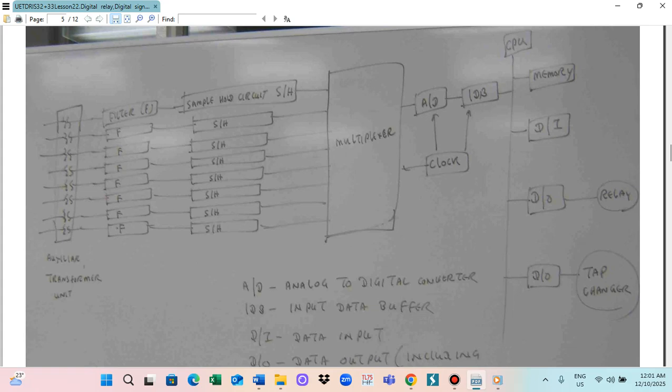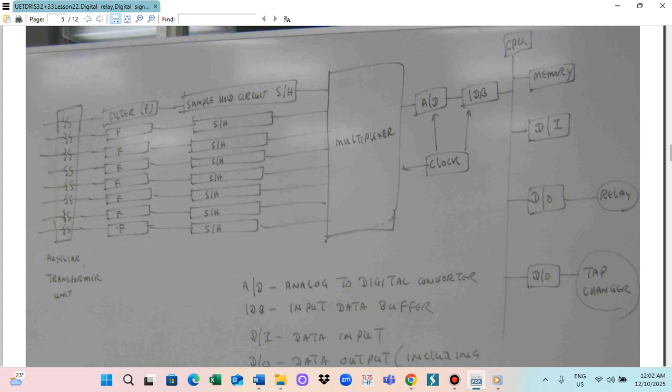Because the signal coming out from the computer is digital, if you want to drive the relay circuit breaker, in this case the digital needs to be converted to analog. So this is the converter, and the protective relay is operating. So this is a typical overview diagram of the 8-bit protective system, control system, including the digital relay.